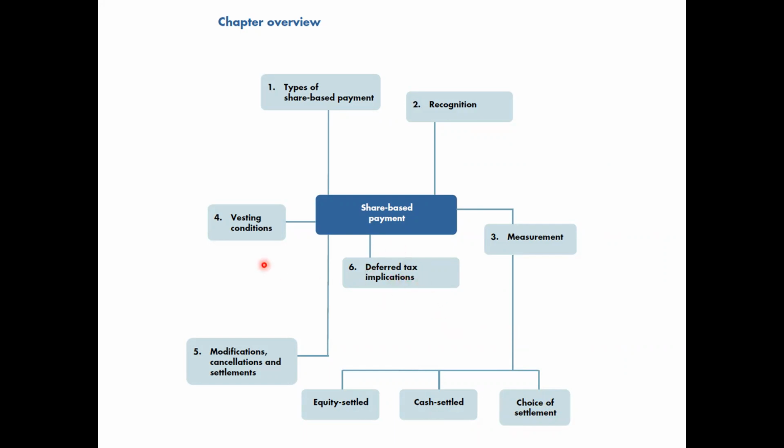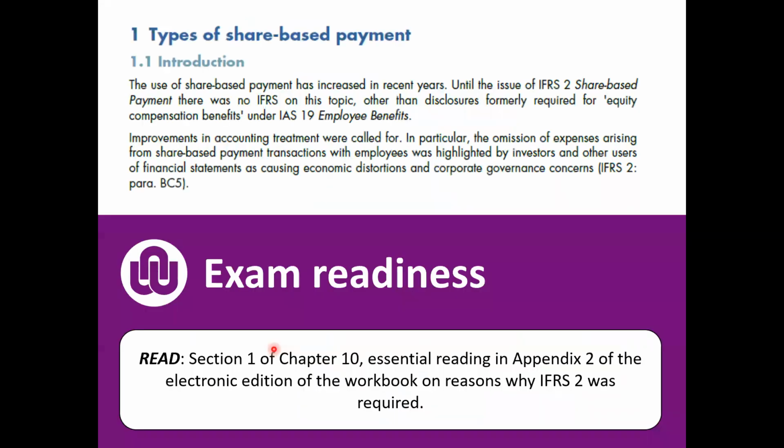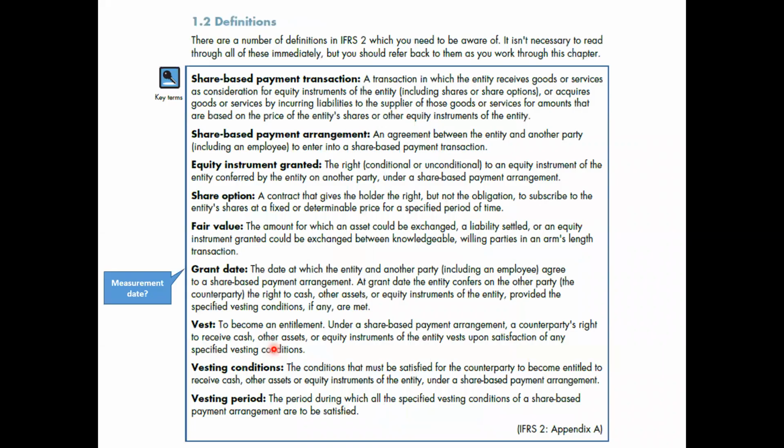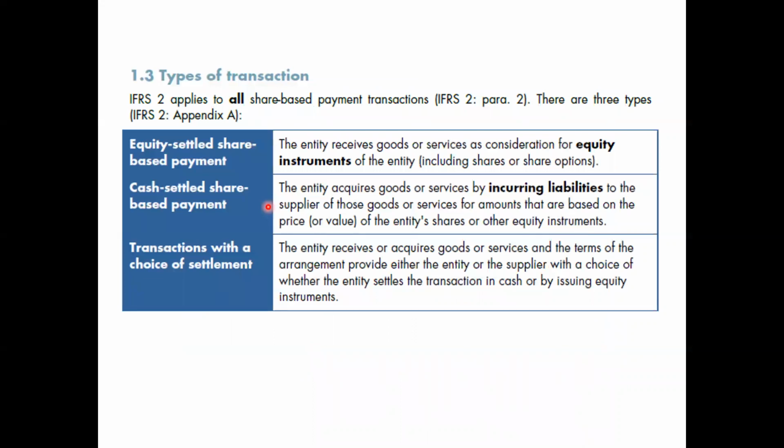We will look at the implications, vesting conditions and modifications, and make sure you understand this whole diagram for share-based payments. First of all, we have equity settled and cash settled share-based payments. There are quite a lot of definitions that we need to understand. Make sure you go through these definitions and are familiar with those items.